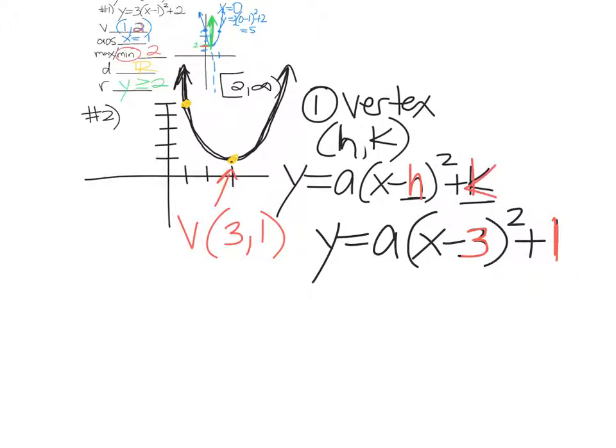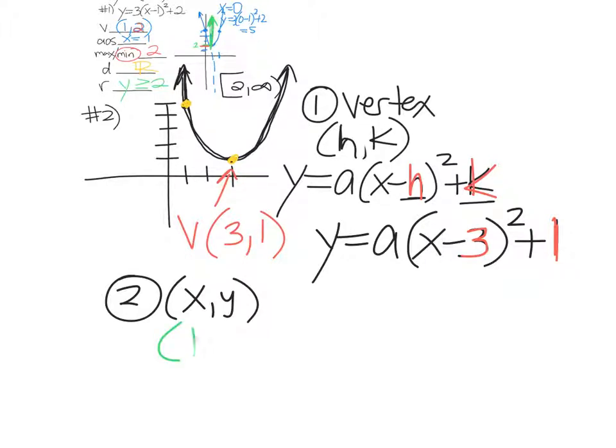Okay. Now, I do not know what A is, and I can't count up and down and all that stuff. But what I can do is take this point, so step number 2 is now to take the point XY on your parabola. And you're going to take that and you're going to plug it in for X and Y here. So our point on our parabola, that's XY. 1, 5.